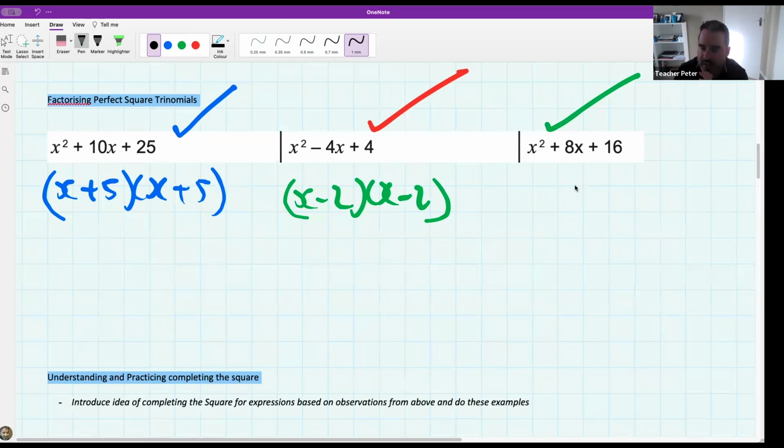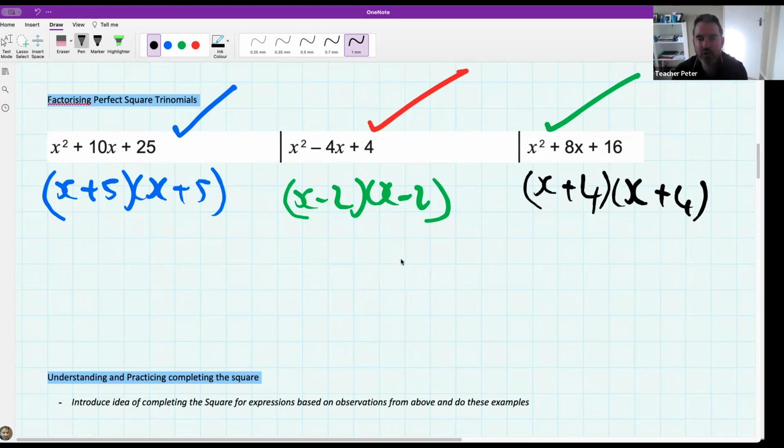So x squared plus 8x plus 16. Sange has helped us out.